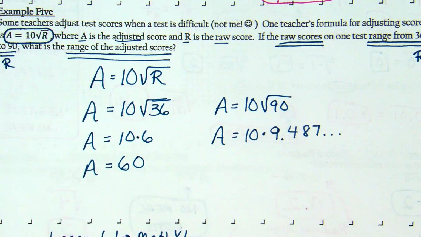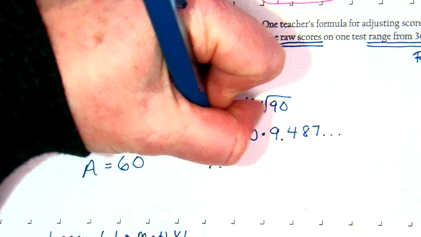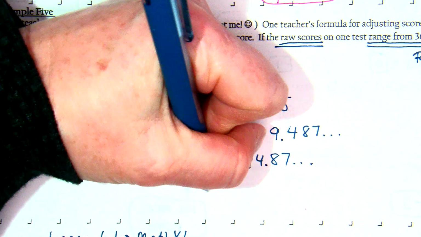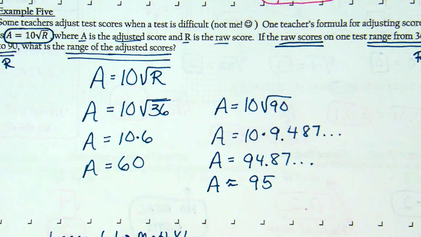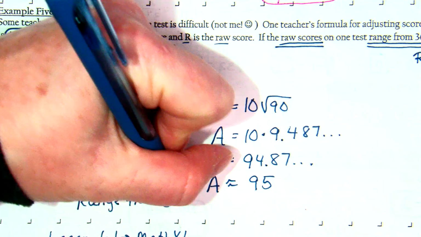So, now, what happens to 9.487 when you multiply by 10? Yeah, 94.87, which is approximately 95. So a raw score range of 36 to 90 is an adjusted score range of 60 to 95.